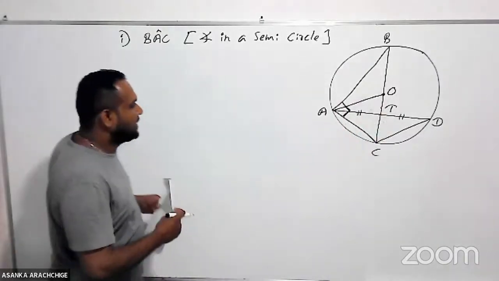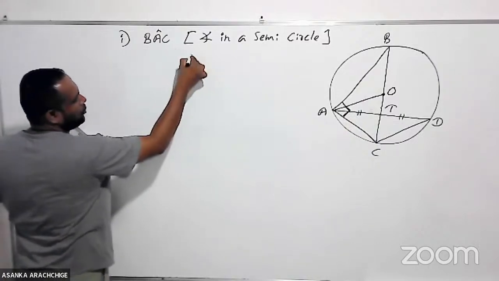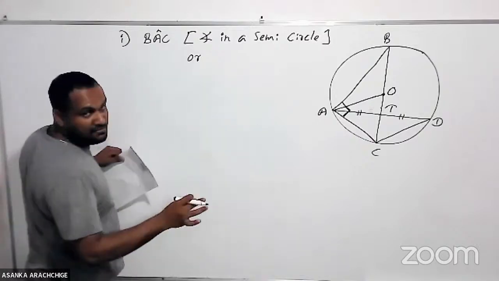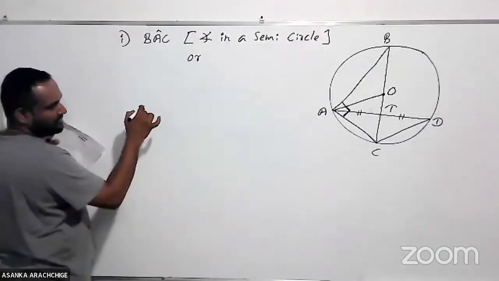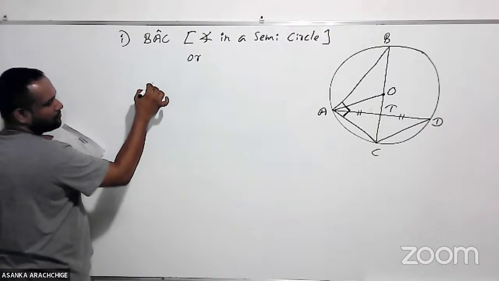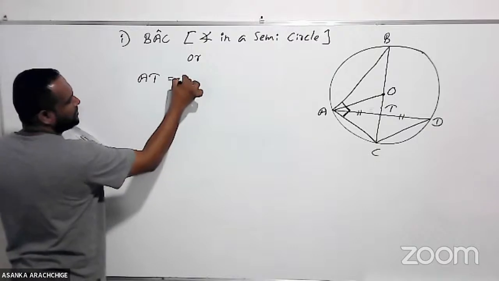Clear? You can say it either like this or the other way I am going to explain. You can say AT is equal to TD.